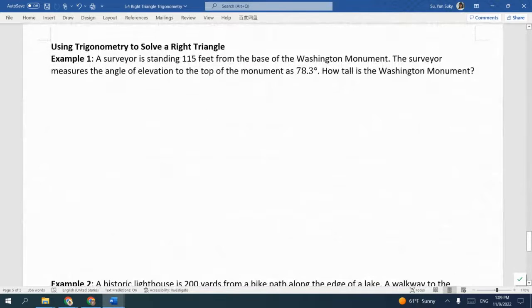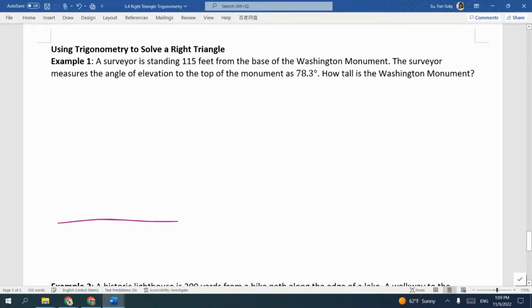Now, use trigonometry to solve right triangles. Example 1. A surveyor is standing 115 feet from the base of the Washington Monument. Okay, so let's draw a picture. Have you been to Washington? So we have that one.